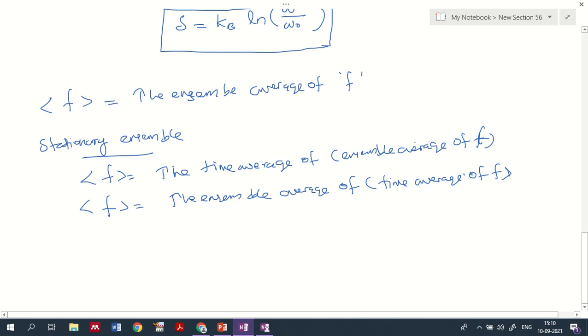Already we said that when we have a function f of x, y, and you take the second derivative, dou square f by dou x dou y, it equals dou square f by dou y dou x; both are equal. In a similar fashion, you can take the time average of the ensemble average and the ensemble average of the time average to find the value of the function f.